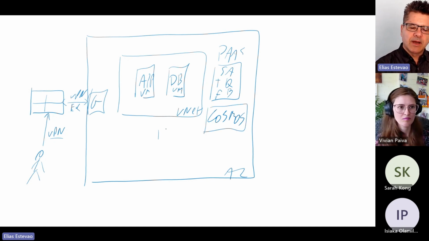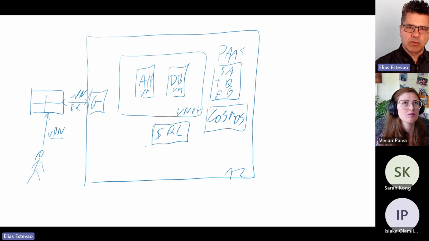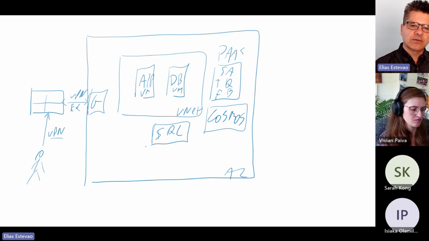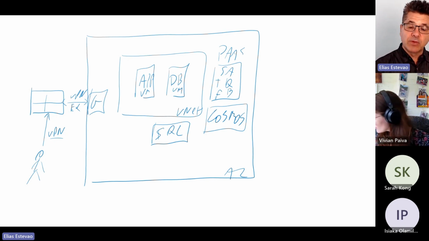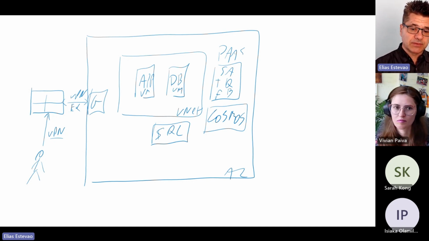Let's say I have a SQL Server. We're talking about Azure SQL, which we're going to be discussing next week. It also resides outside of that, and we have many other PaaS services. But if you think about your managed disks, they reside inside of a storage account, but you don't manage that storage account.